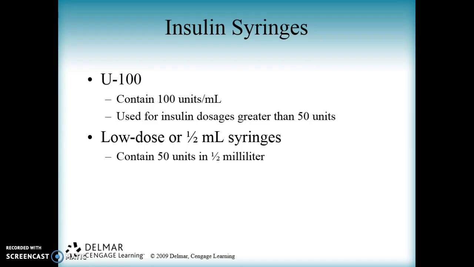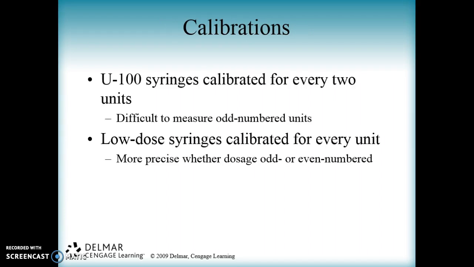Anytime we're using an insulin dose greater than 50, we're going to use the U100. Anytime we're using less than 50, we're typically going to use the low dose syringe, or the 50U. When you look at the calibrations on the syringe, the U100s are calibrated for every 2 units, whereas the low dose, the 50, is calibrated for every unit.